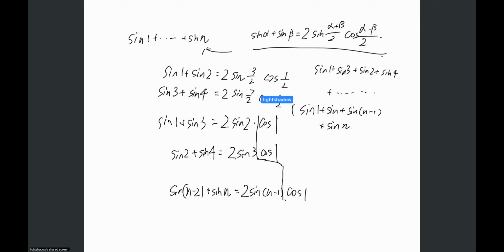This is not multiplied by 2. So this is s, and this is 2s minus this, which equals 2 cosine 1 times s minus sine 1 minus sine n. Right. So what about finding s here?